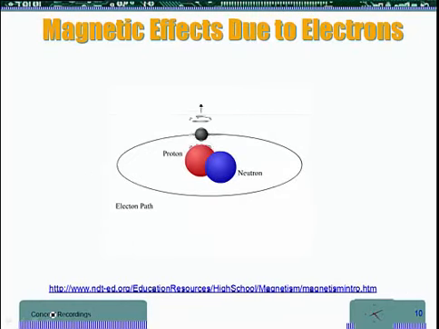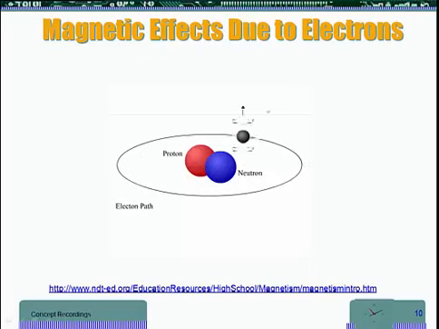Now consider atoms where I have one electron in the outermost shell, what we call an unpaired electron. This is a poor example in terms of a graphic, but I didn't make the graphics and this one was available. But you can have an atom with a lot of protons, a lot of neutrons, and a lot of electrons, but at the end, you are going to have one electron that is unpaired.